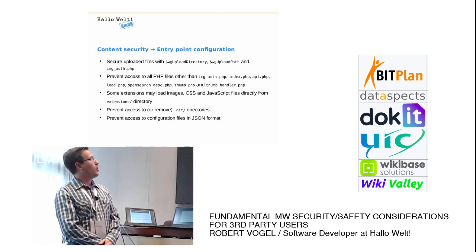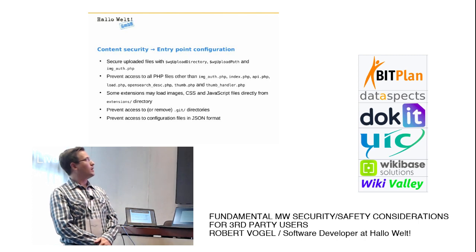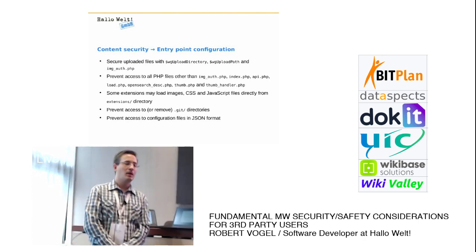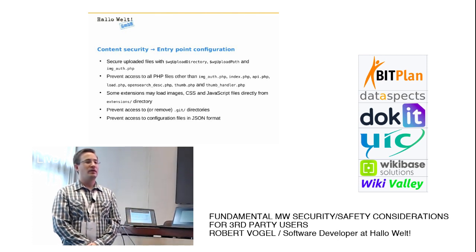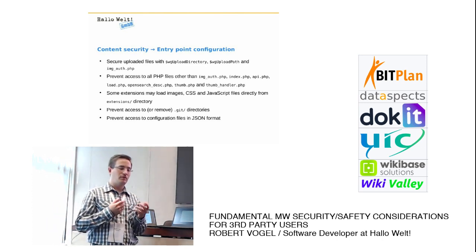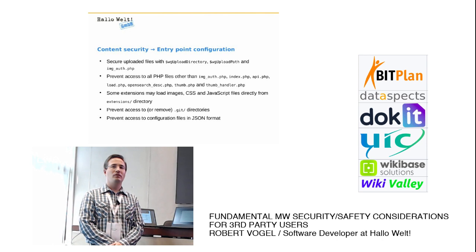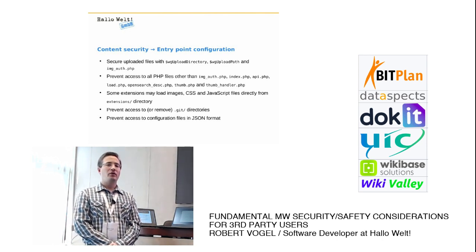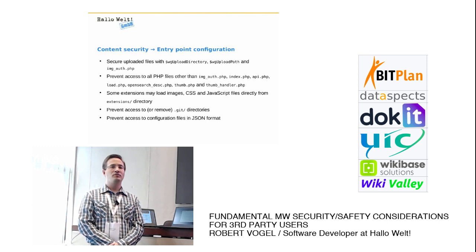Another thing regarding content security is that you can check your entry point configuration. By default, the MediaWiki code base is put into the web root of the server, or maybe in a subfolder of the web root, which exposes all the files in this directory to the web.